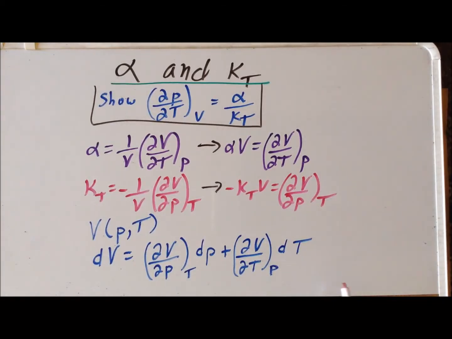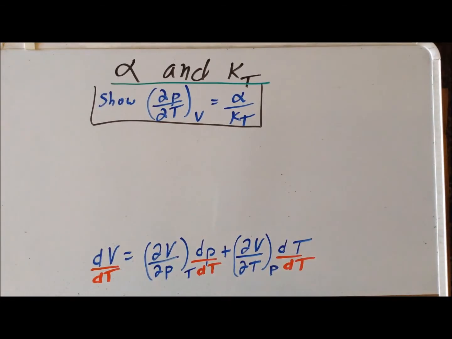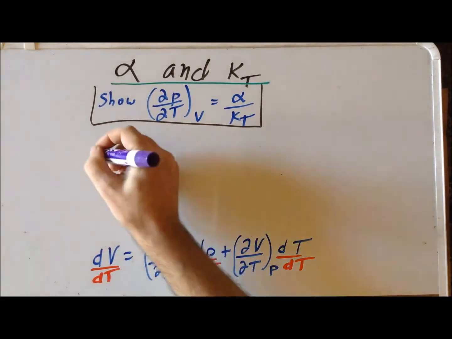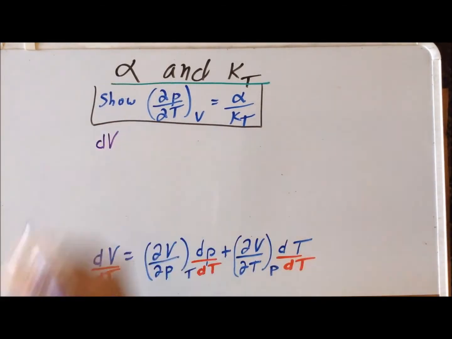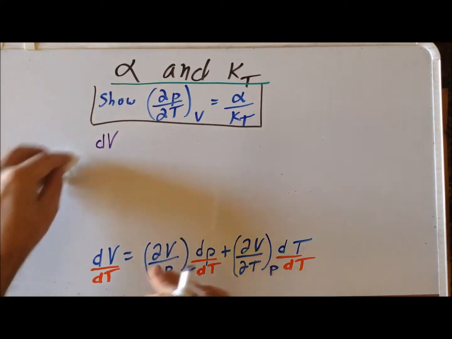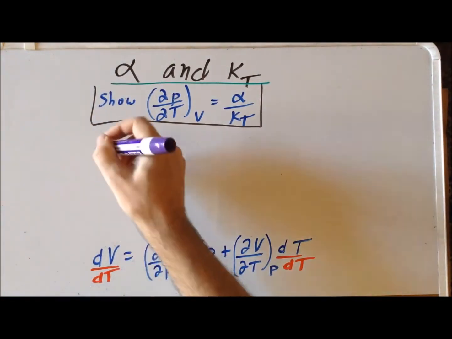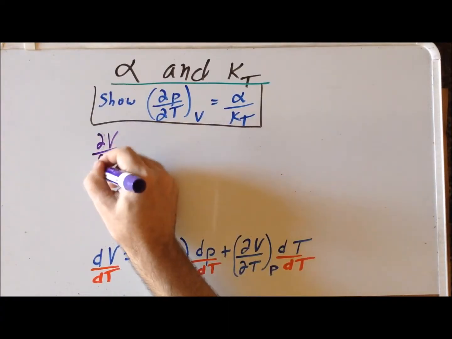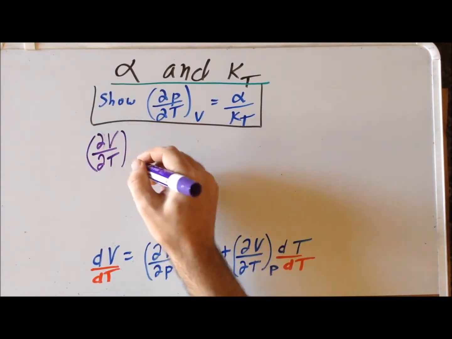Next, we want to divide each side by dT. And next, we are going to impose a condition of constant volume. If we impose constant volume, we get the partial of V with respect to T at constant volume.